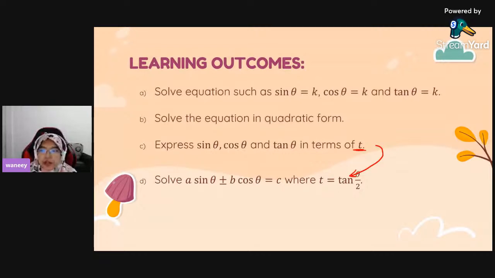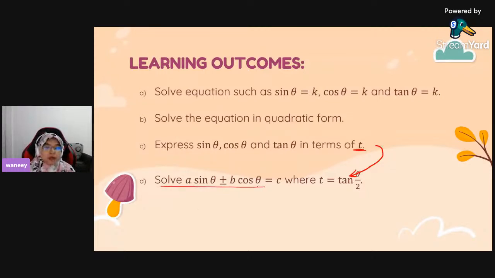Okay, so for the first one, we either have a sine or we have a cos. So they are two separate things. Either sine of theta equal to k, or cos of theta equal to k. For quadratic, that means we can factorize them into two, and when we factorize, it will go back to the linear, but then we need to solve two linear functions. But for D, we have a mixture between the sine and the cos.